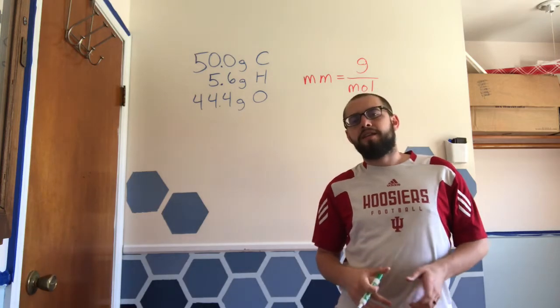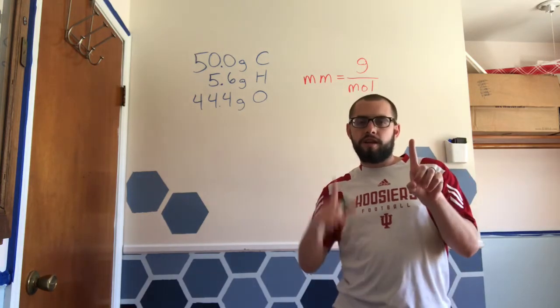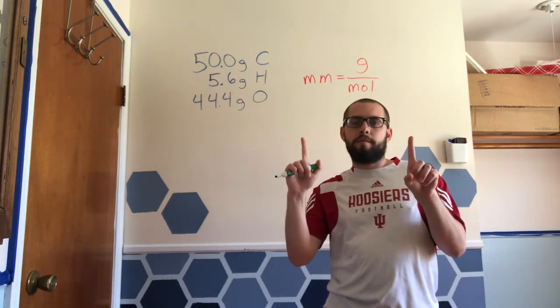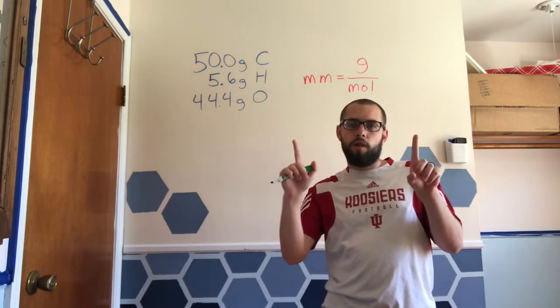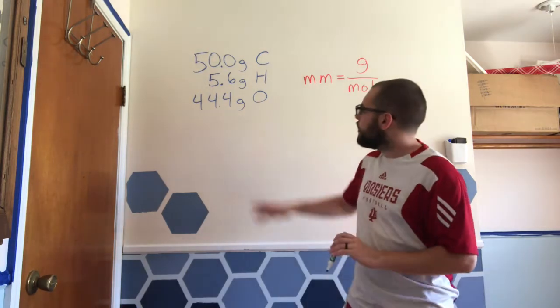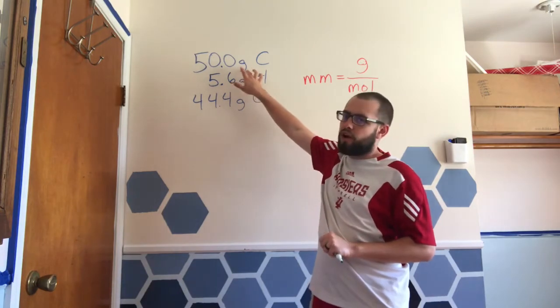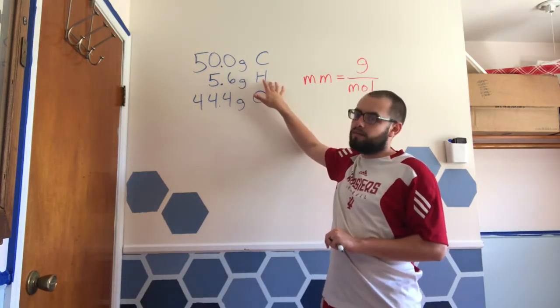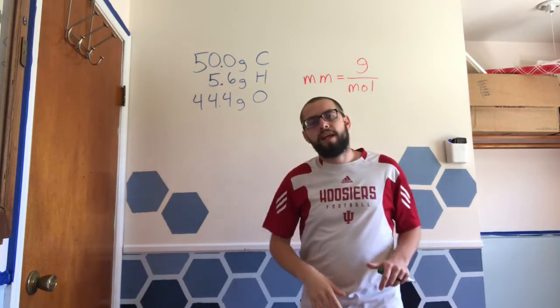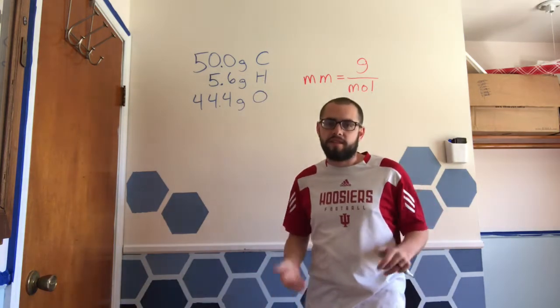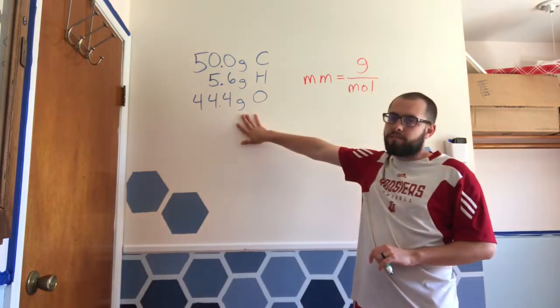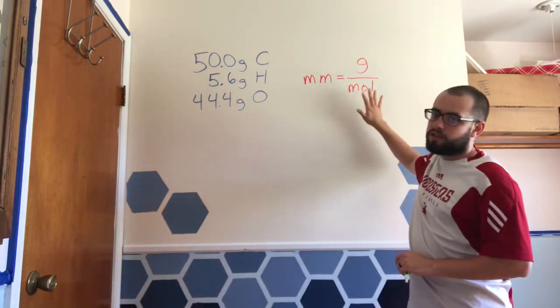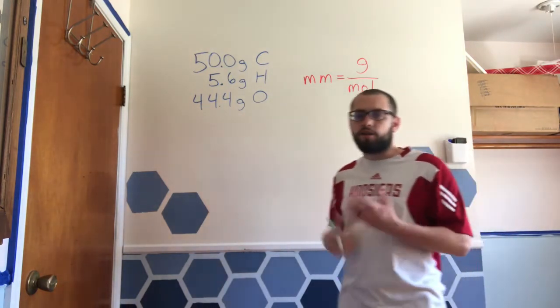That means that if I have 1 mole of carbon, I'll have exactly the same amount of atoms as 1 mole of hydrogen. But 1 gram of carbon is not the same as 1 gram of hydrogen, because they have different molar masses. So I can't keep it in grams. I need to change them to moles. I'll show at least one of those here.